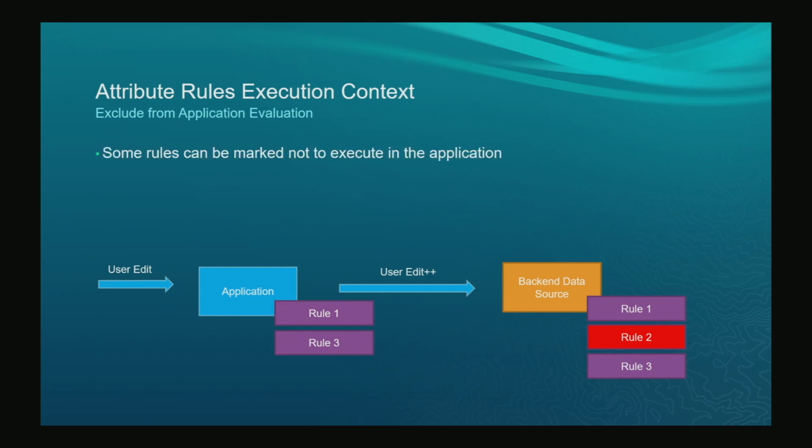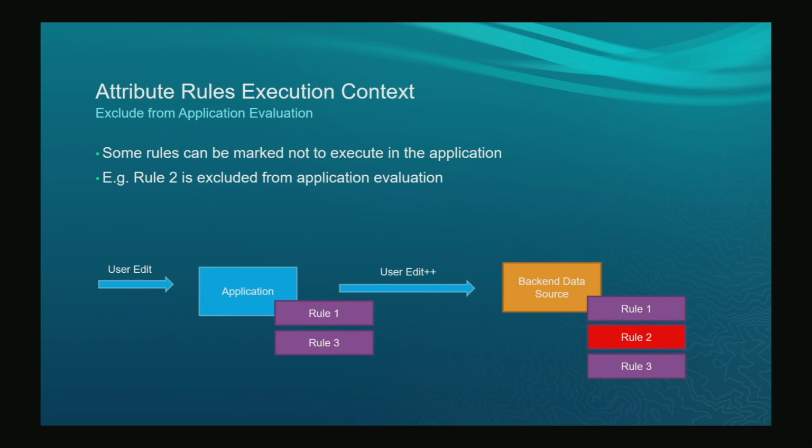In my particular case, rule 2 is excluded, but rule 1 and rule 3 are allowed to be executed in the application. So you would download them. Once the application starts, it connects to the server or the backend and downloads a copy of attribute rules. Yes, it's a copy of attribute rules, which can get stale, which we'll come to later.